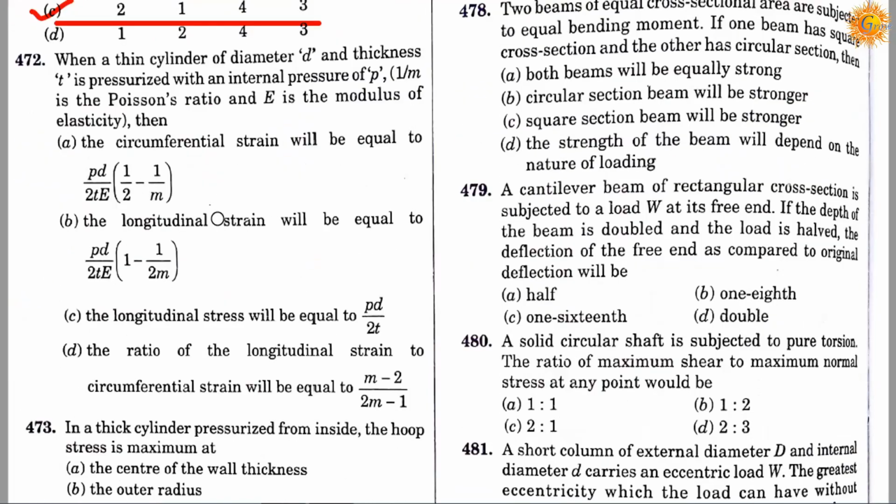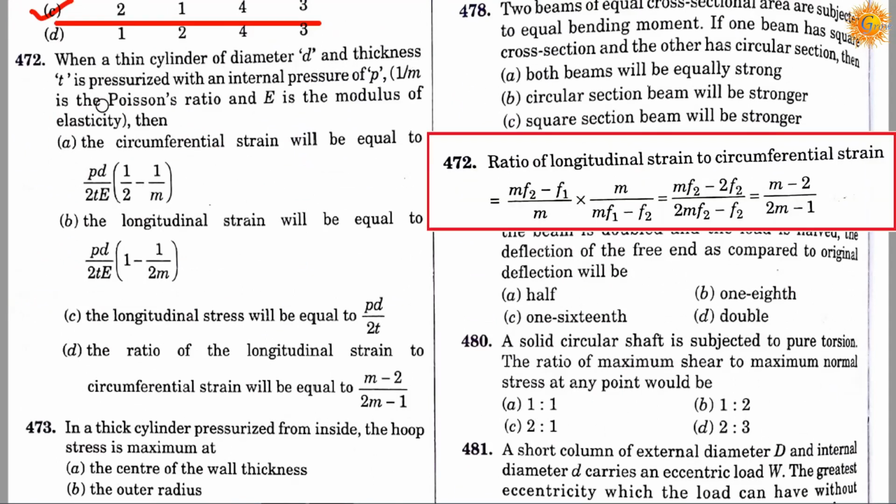Question number 472. When a thin cylinder of diameter d and thickness t is pressurized with an internal pressure P, m is the Poisson's ratio and E is the modulus of elasticity, then option A, the circumferential strain will be equal to PD upon 2TE in the small bracket 1 upon 2 minus 1 upon m.